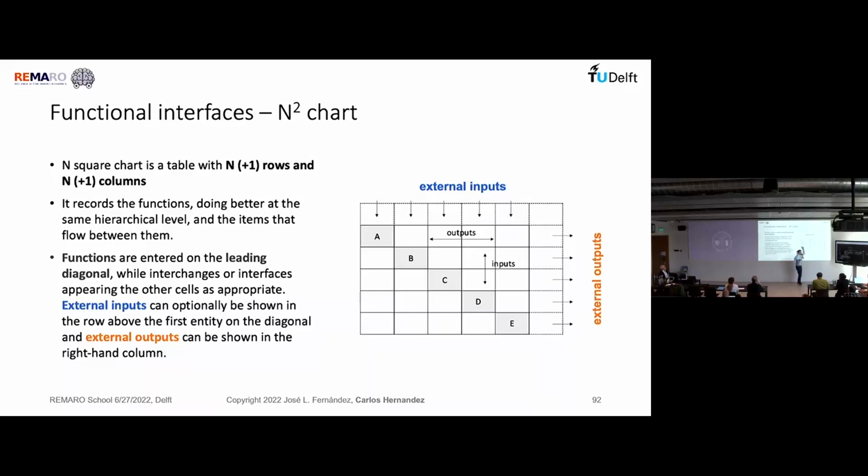You represent the external inputs to each function in the top row, and the outputs to the exterior of those functions in the rightmost column. In each cell, you represent the output from B that goes into C. So columns are inputs, rows are outputs. And you model it this way.